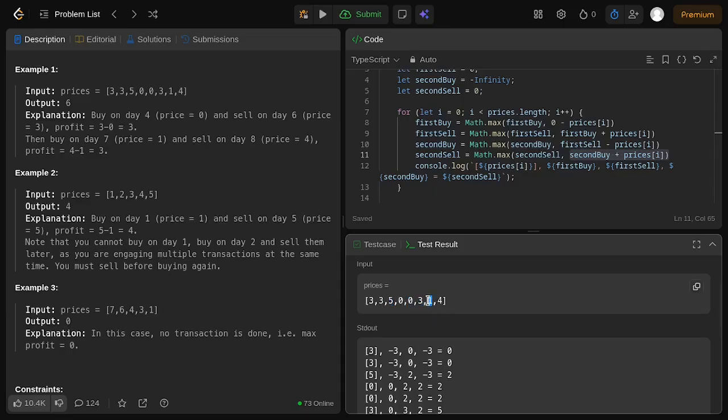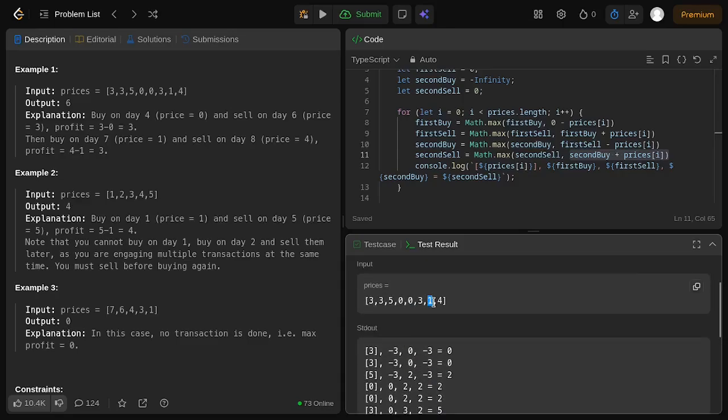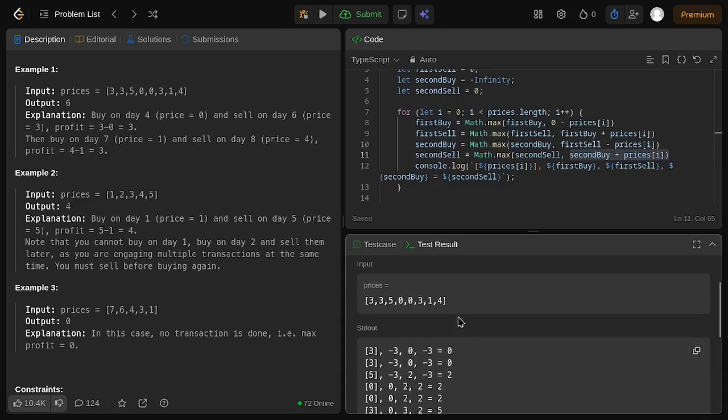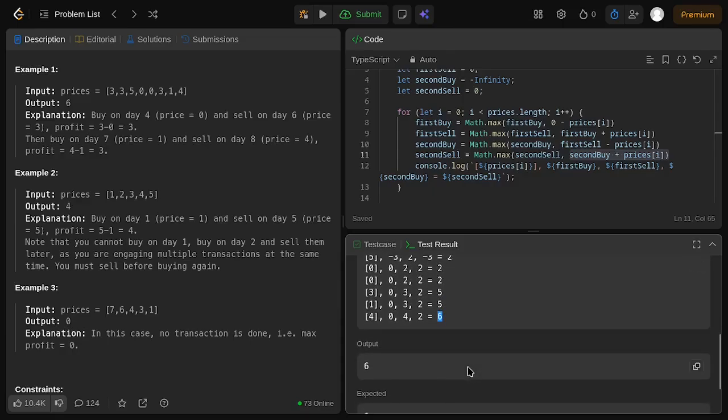On the 7th day we still got the 5 because it is priced as 1, and we are not going to do anything about it. And on the final day we got the maximum value of 6 because either we got this from the 3 with 5 and the 0 with 4, or the 0 with 3, or the 1 with 4. Then we got the maximum profit of 6.